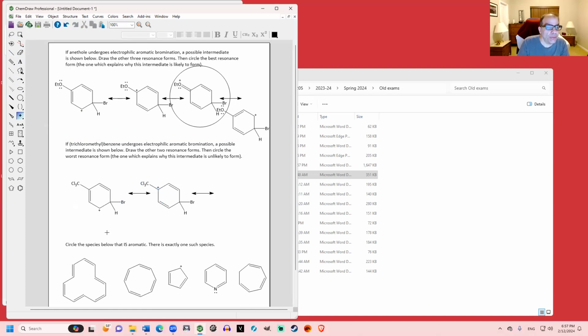So there is another resonance form. And then there's another one with the plus charge on the other side of the bromine.